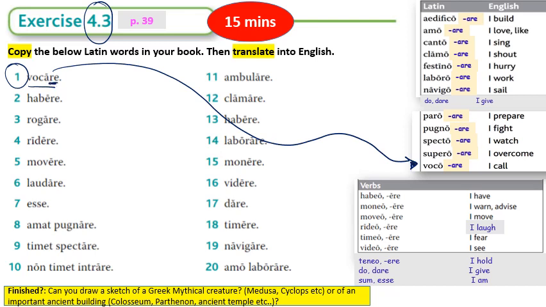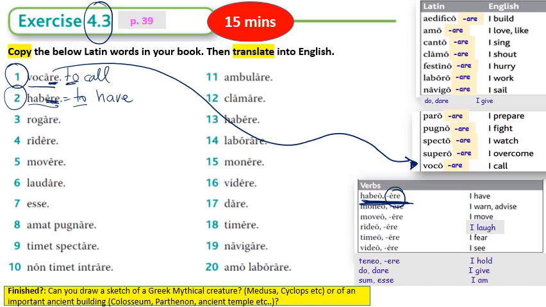And are at the ending means that this is an infinitive, translated to. So vocare means to call. Habere. Habeo means I have. And ere is the infinitive. So this means to have, because the infinitive is always translated with to.